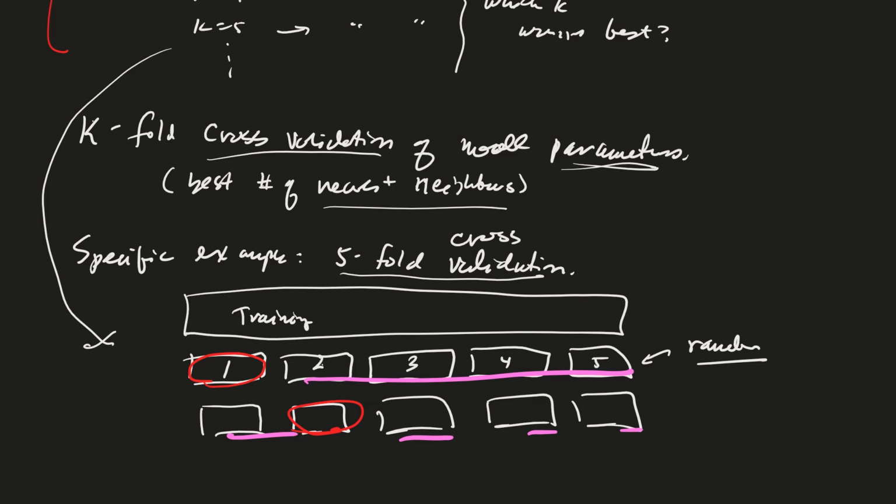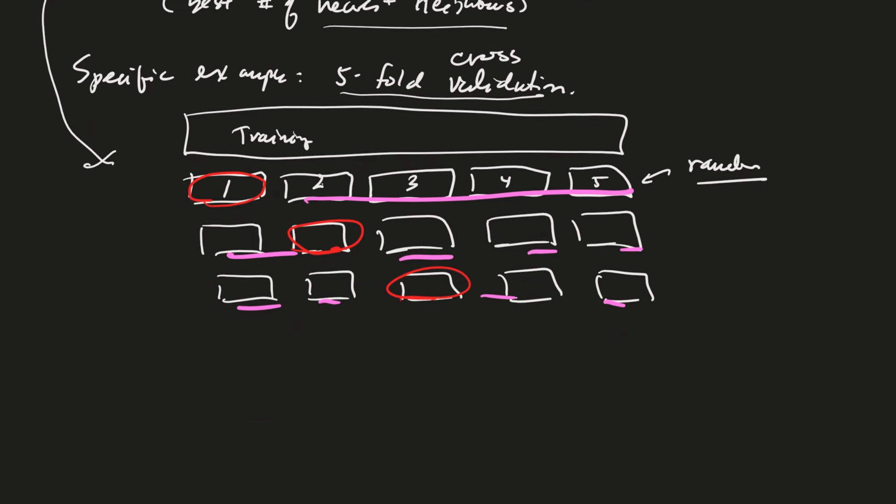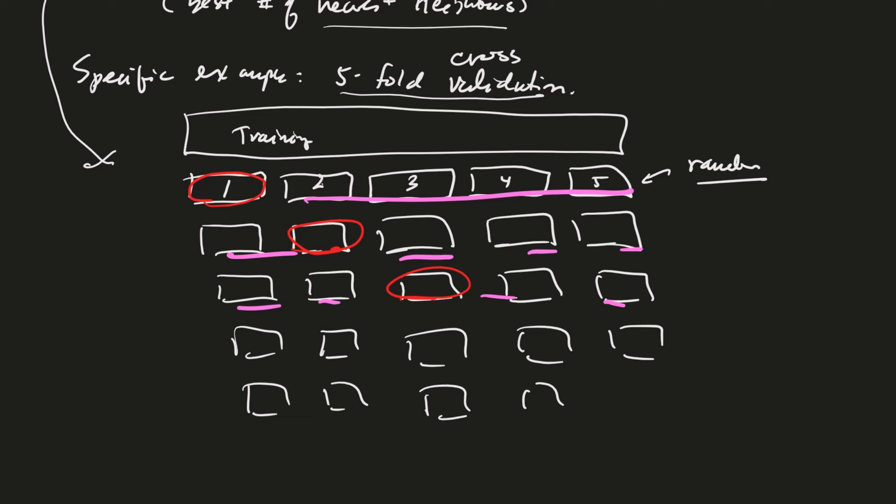And then in the next round, you get the idea? We reserve the third set for error, and all the other sets for training, and so on. So in five-fold, we're going to get 5 of these: 1, 2, 3, 4, 5. Okay, and so what do we do then?